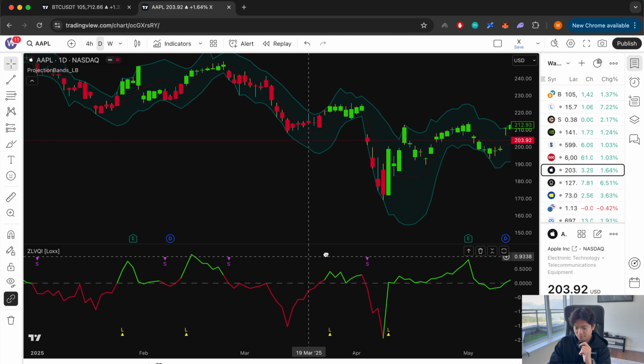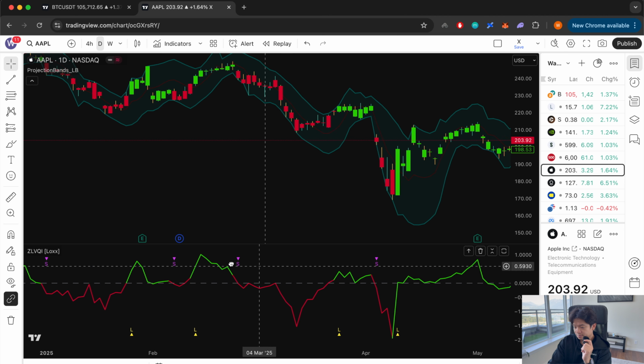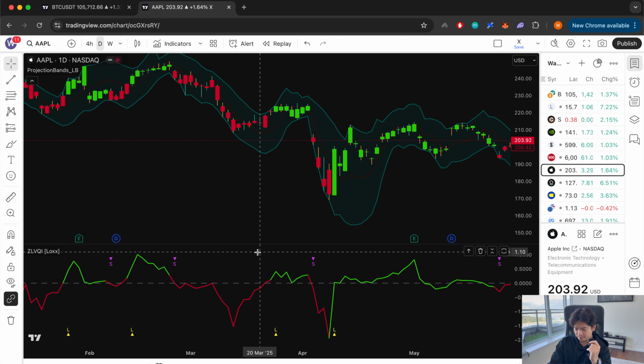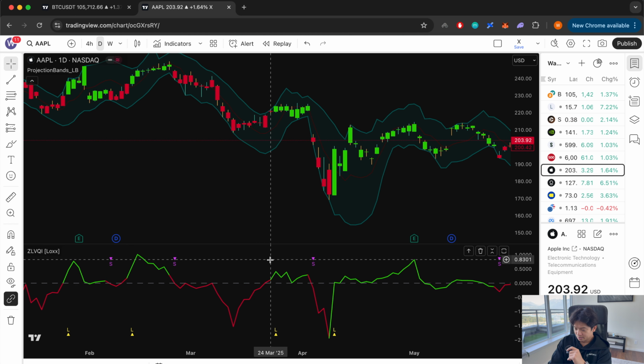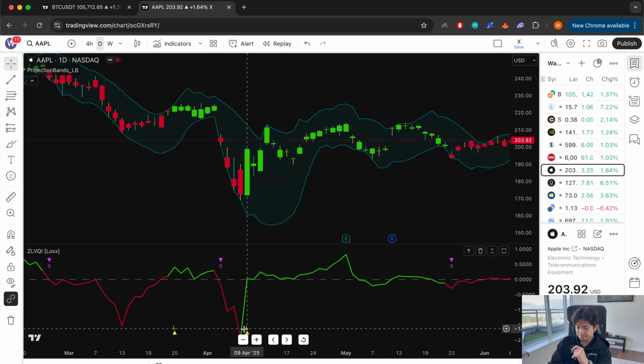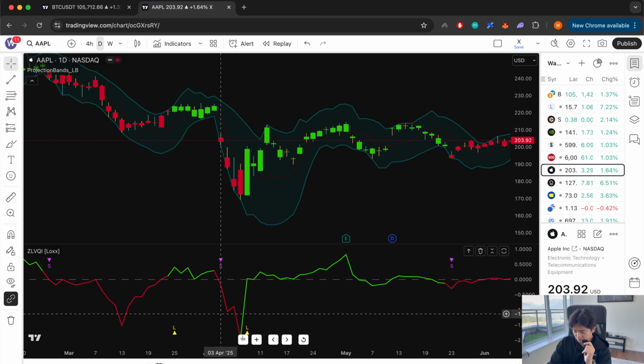When there's a sharp rise in the VQI, there is basically low quality volatility. Now, you want to avoid big trades. You just want to wait for the direction confirmation, if that makes sense. So green, that's where you can put in bigger trades once you have your direction confirmation.